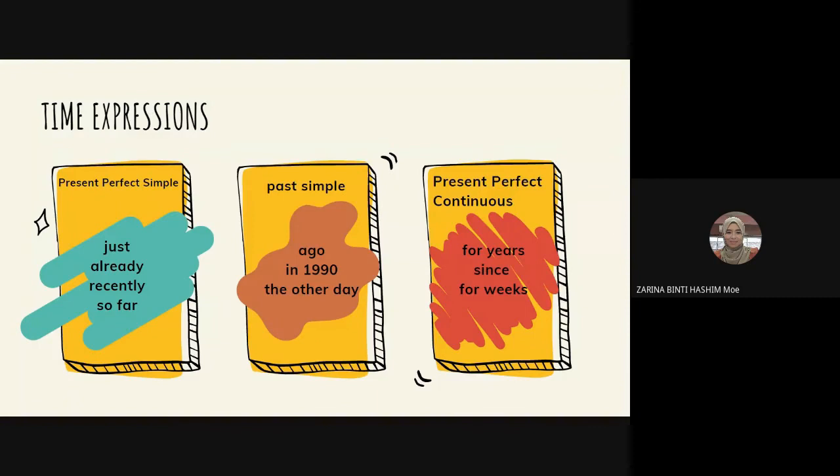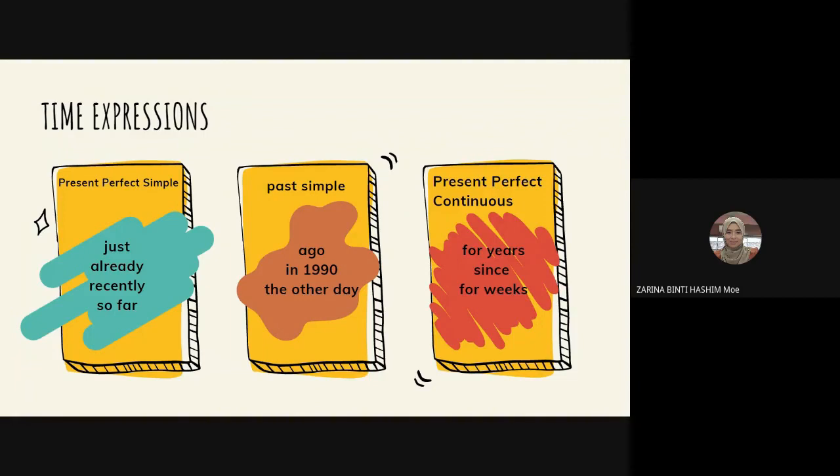Okay, so if singular, we must use has. So what is the past participle for happen? What is the past participle for happen? Ed. Yes, ed. So the answer is that has happened to me before.